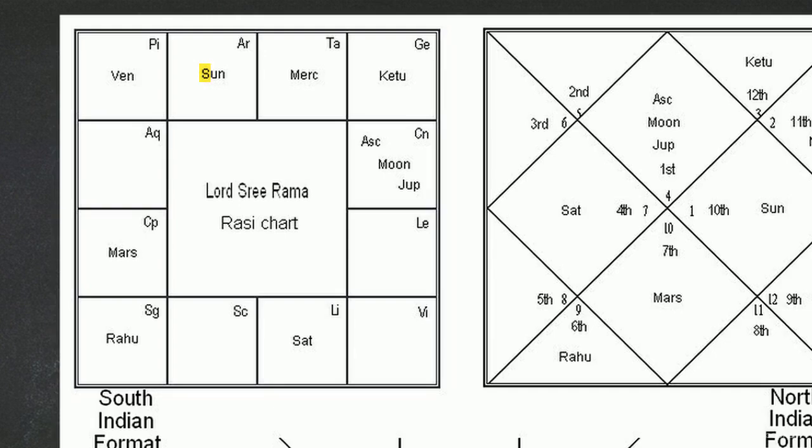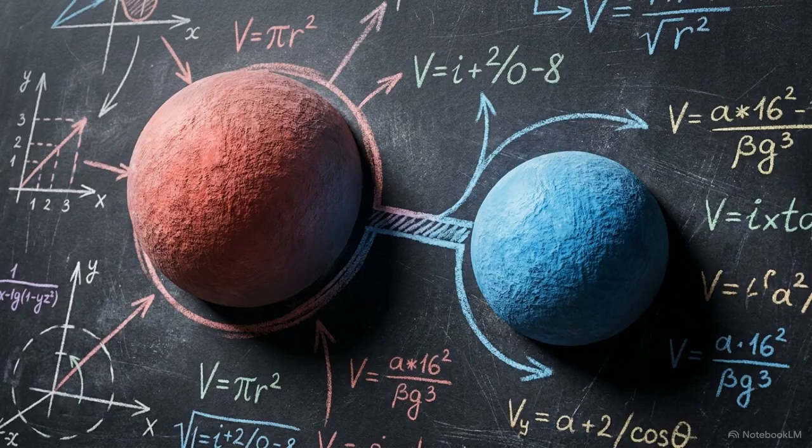In the Sri Rama case study, we analyze the Sun in Aries. Geometry dictates any planet occupying the 2nd, 3rd, 4th, 10th, 11th, or 12th house relative to the Sun acts as a temporary friend. Spatial proximity calculated at the moment of birth forces planets into temporary alliances. These localized geometric vectors can completely override a planet's inherent, natural behaviors.